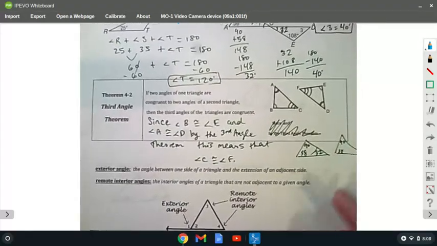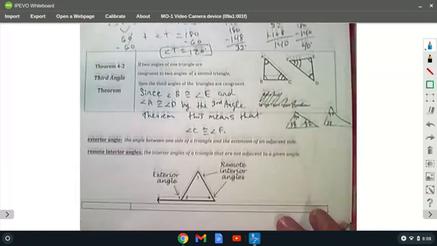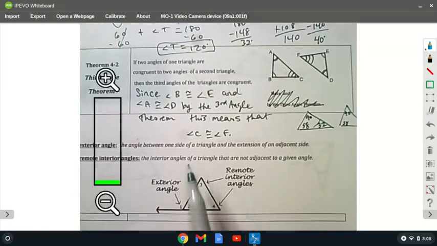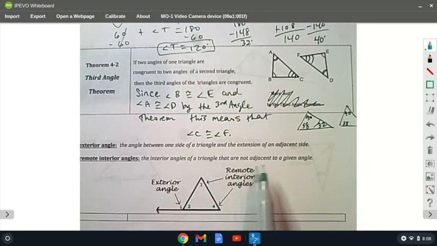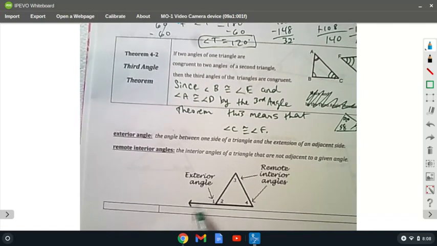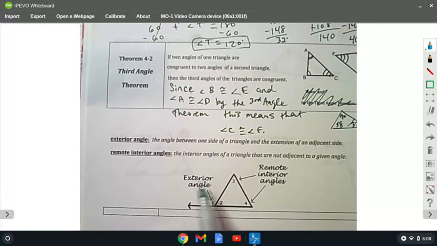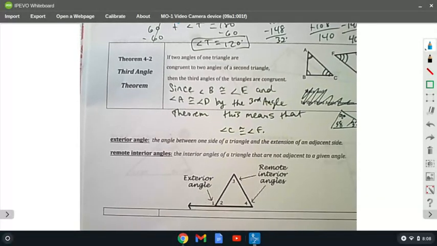Exterior angle is a vocab word we will use a lot. It is the angle between one side of a triangle and the extension of an adjacent side. So this is an adjacent side, okay? And this is that extension. So this is our exterior angle, angle 1.